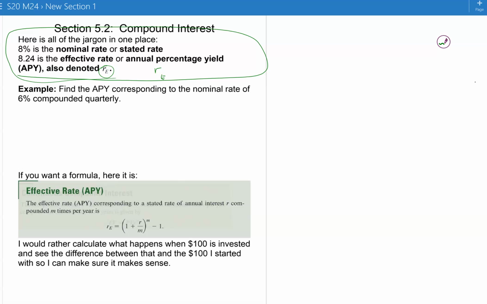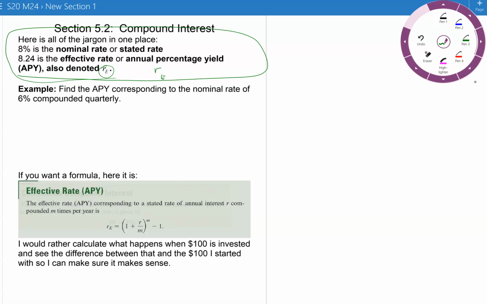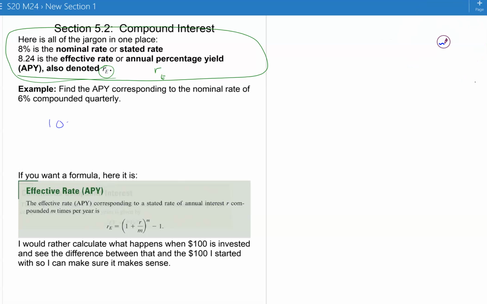So let's find the APY corresponding to a nominal rate of 6% compounded quarterly. So I'm going to do it how I said I would. So I'm going to do 100 plus my rate of 0.06 over 4, because it's getting compounded quarterly. Then I would compound it 4 times for 1 year to see how much I end up with at the end of that 1 year.